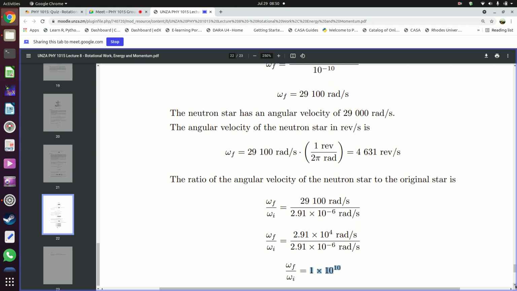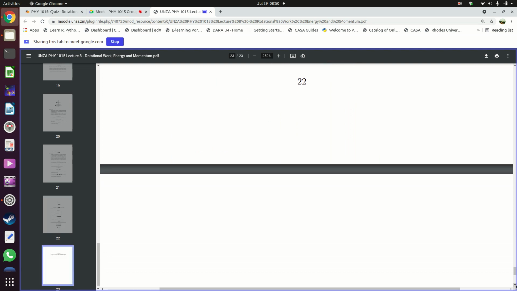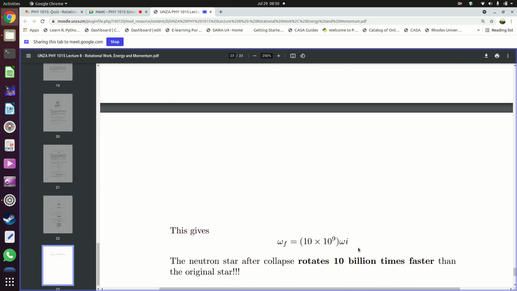This is just a fancy way of writing omega f equals 10 times 10 to the power 9 omega i. This is 10 billion. So your neutron star is going to rotate 10 billion times faster than the original star. And this is exactly what you see with those ice skating ladies.